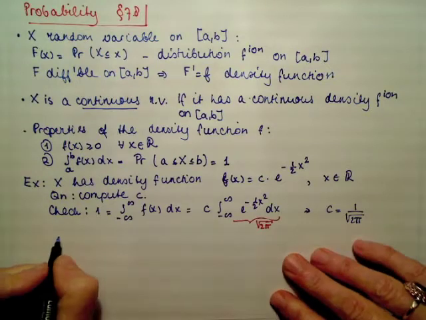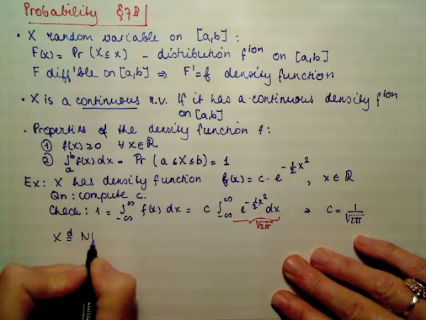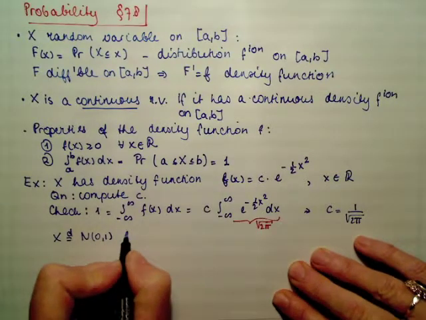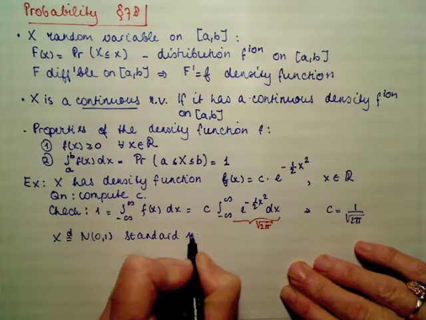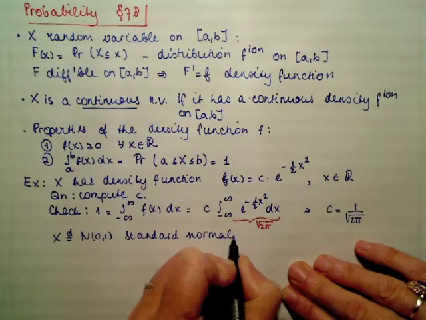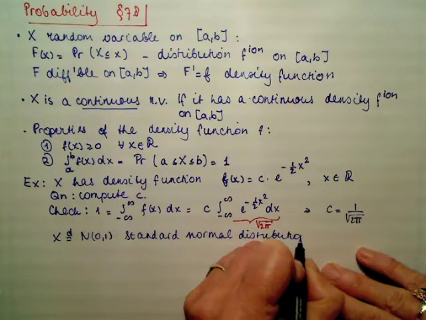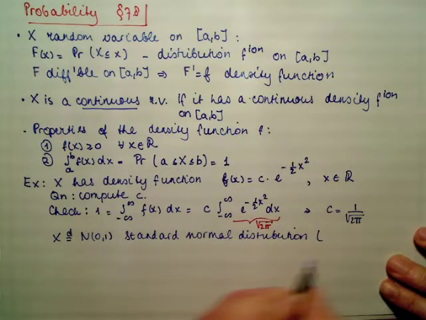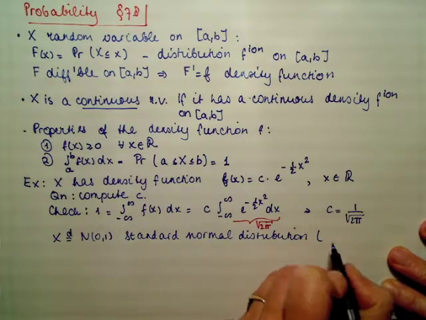In this case we call x a standard normal random variable, or x has the standard normal distribution. The mean of x is 0 and the variance is 1.